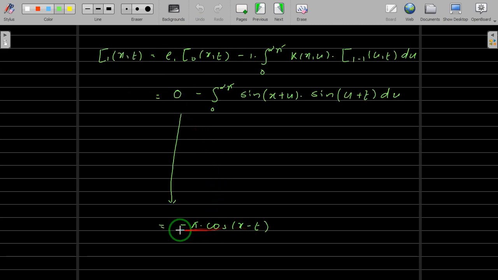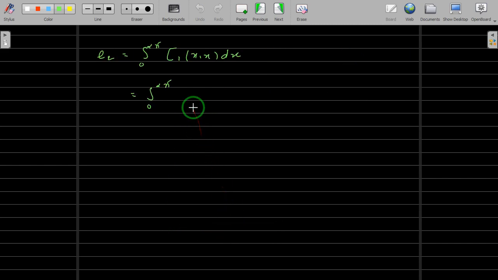So this is minus pi cos of (x minus x). Cos of (x minus x) is cos 0, which is 1, so minus pi into 2 pi, and that is minus 2 pi square.